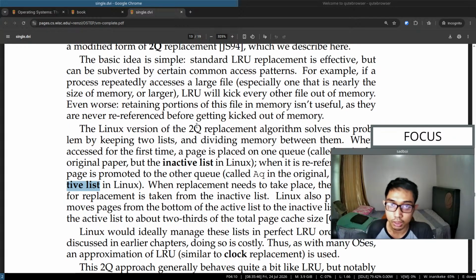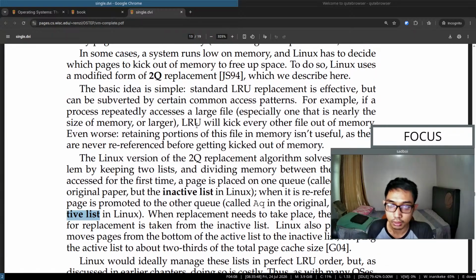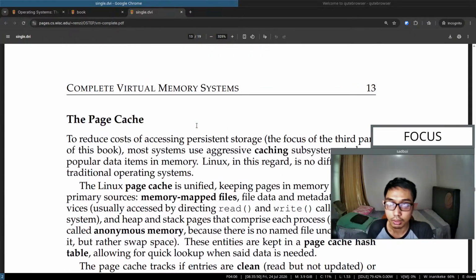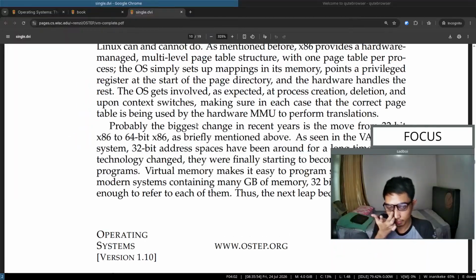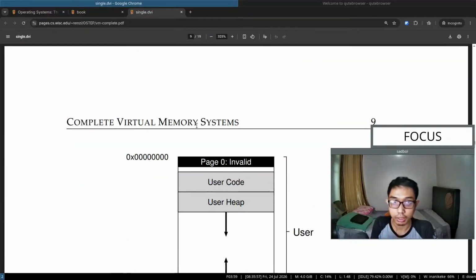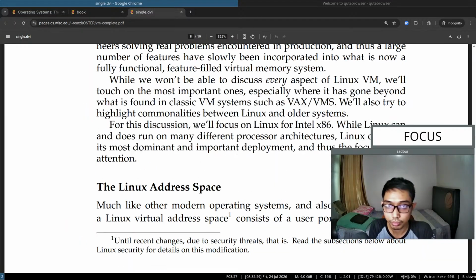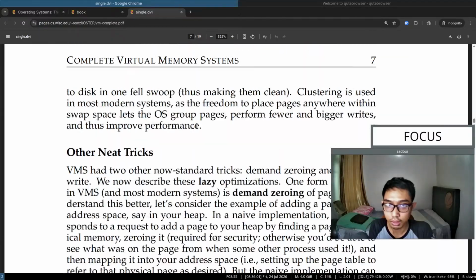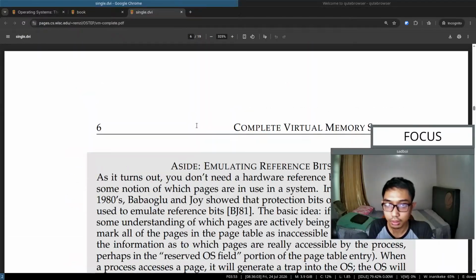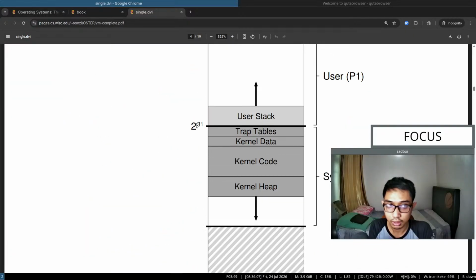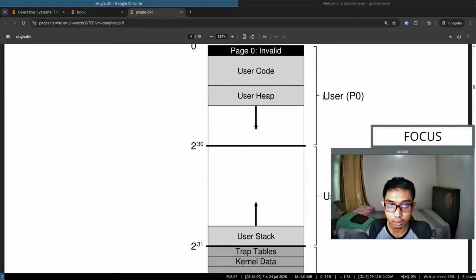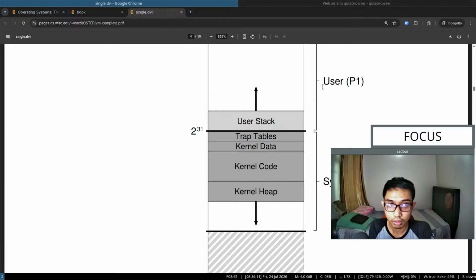And this also reminds me of the VAX VMS operating system, about the P1, where is it? P0 and P1, I guess. Yeah, this one. Oh, wait, no, not that one.